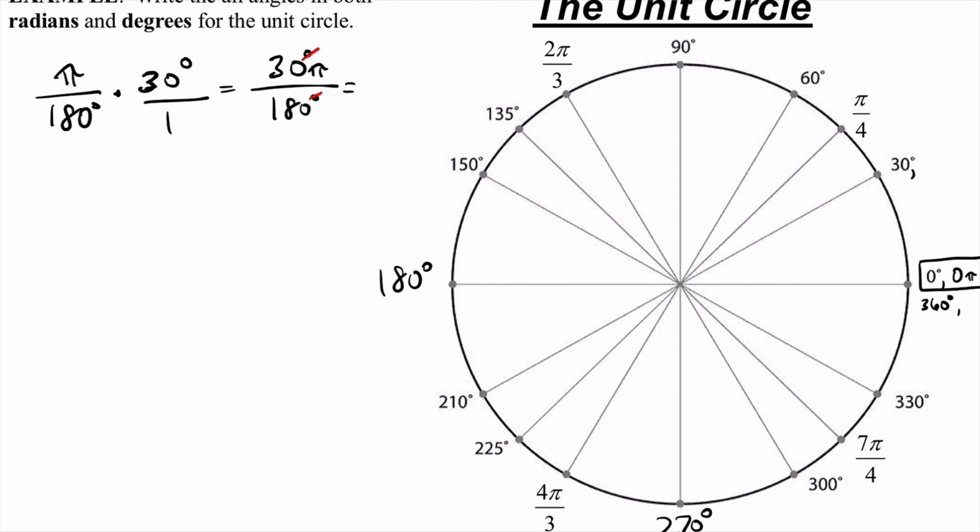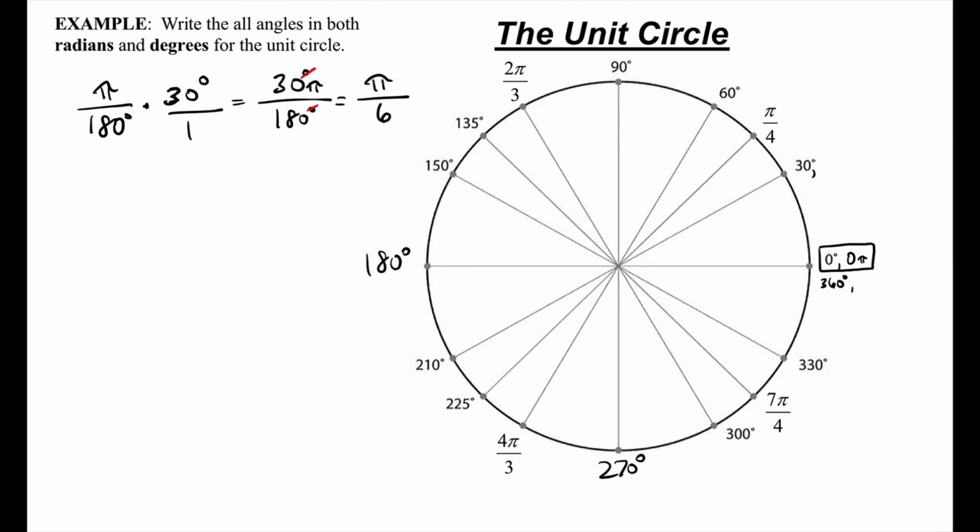If you divide the top by 30, you get 1 pi. If you divide the bottom by 30, you get positive 6. So 30 degrees is the same as pi over 6. I'm going to box that because I'm done. 30 degrees is the same as pi over 6. One's in degrees, one's in radians, but they are equivalent.